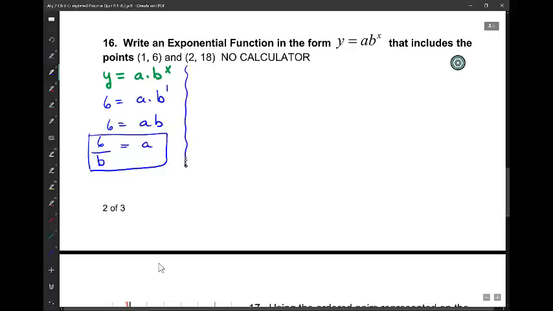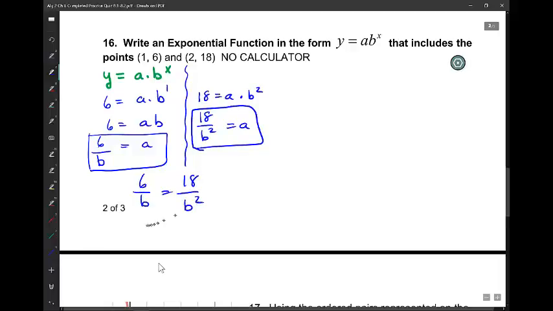Our second equation is going to be 18 equals a times b squared, or 18 over b squared equals a. So there's our second equation. I'm going to set these equal to each other. I'm going to cross multiply: 6b squared equals 18b.